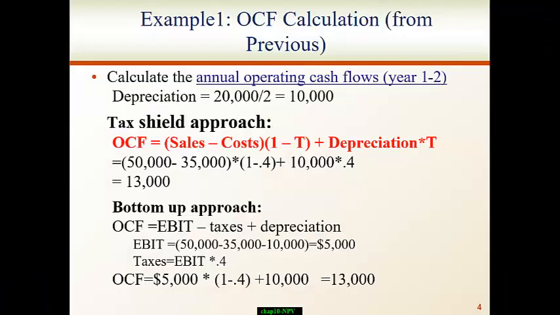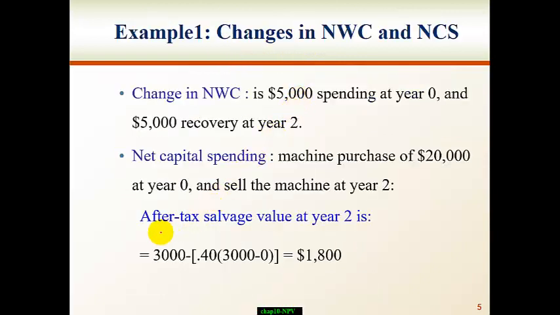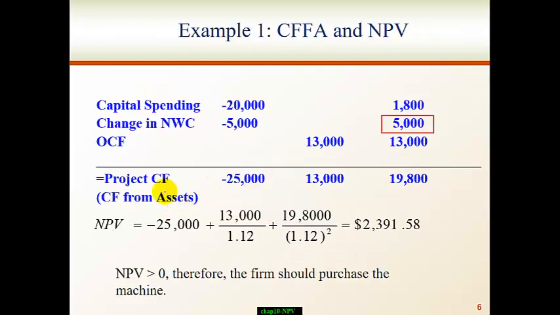Here is the detailed step, both tax shield and bottom up for operating cash flow calculations. And this is the after-tax salvage value. So once we get the cash flow from assets, we are able to solve net present value, either use formula or cash flow keys. For formula, we need to bring back the cash flow in year 1, cash flow in year 2, all the way till time 0.